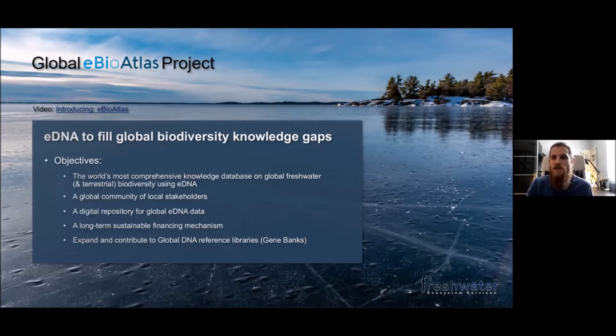How this information gets deposited is into a global database repository, which people will have access to. And the project is looking at a long-term sustainable financing mechanism to keep this going at the community level. And obviously one of the objectives of this project is to expand and contribute to local and global gene database references or gene banks.